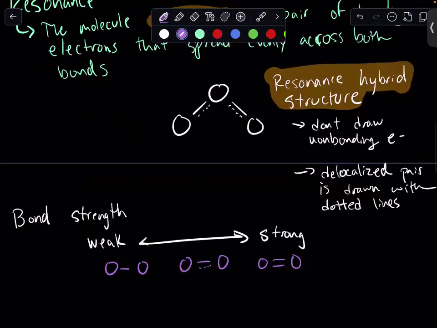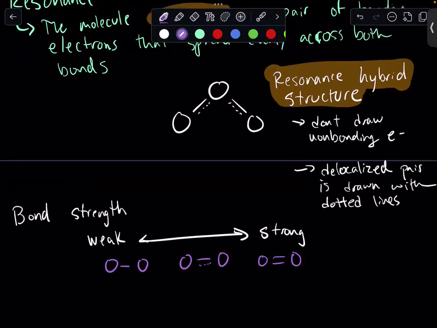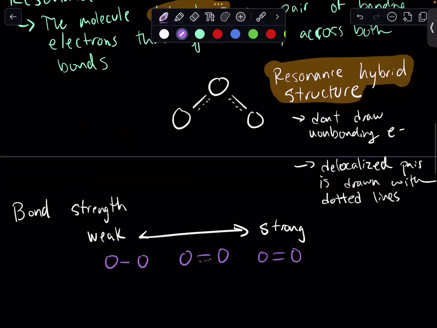This is because hybrid structures share the property of both. Resonance hybrid forms have what we call intermediate properties, meaning properties that lie between the two forms they come from, somewhere in the middle.